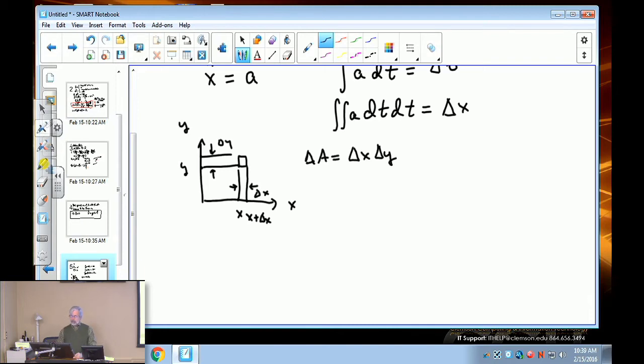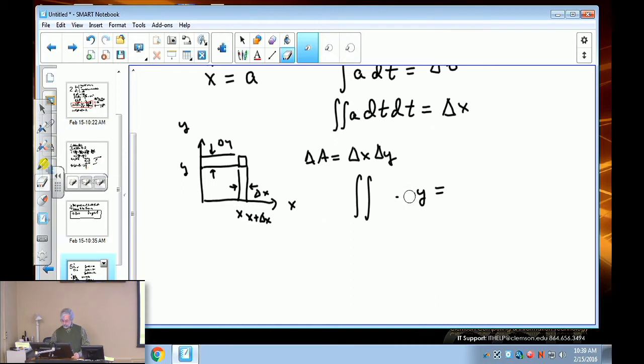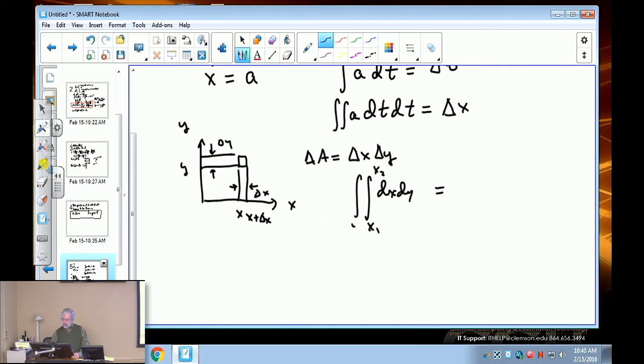And I want to find the area on the plane. I'm integrating both with respect to x and with respect to y. And so this would be in the infinitesimal limit dx and dy, where x is integrated from, say, x1 to x2, and y is integrated from y1 to y2.